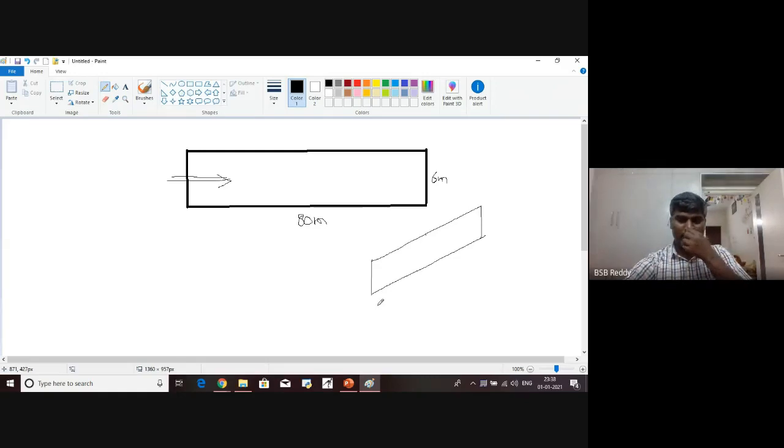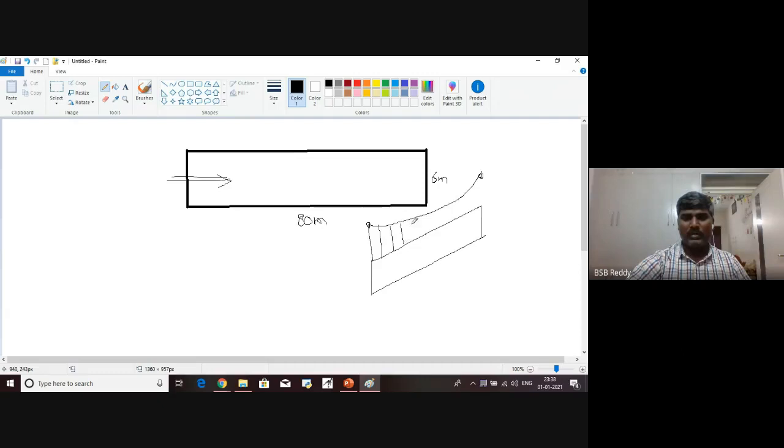So this is the pathway, or the carriageway. Above this, there should be a cable to hold this girder. So this is something like this, and there should be another cable to hold this one.